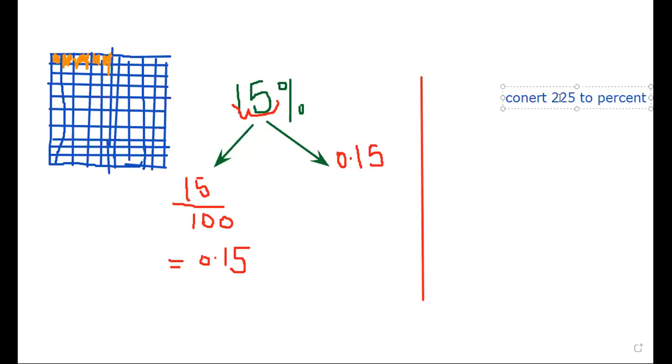How can we change this number to percent? Yes, Adam, go on. We will make it times 100. Exactly. If we have a number and we want to change it to percent, we have to multiply the number by 100. Thank you, Adam. So you have 2.25.